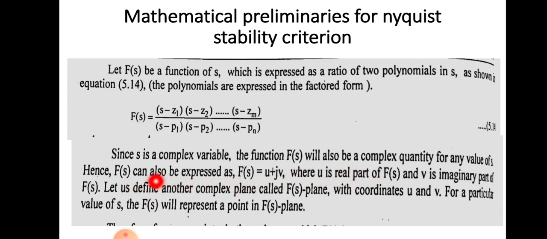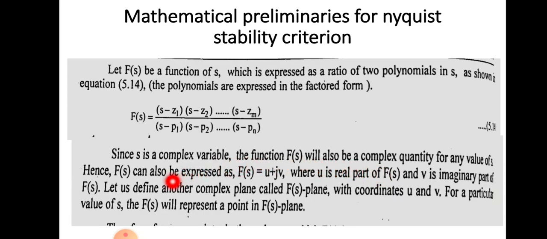So we can define another complex plane called the F(s) plane with coordinates u and v. See, the s plane is a complex plane with coordinates sigma and j omega. Similarly, for a function of s, which is F(s), we can use the F(s) plane and its coordinates are u and v.